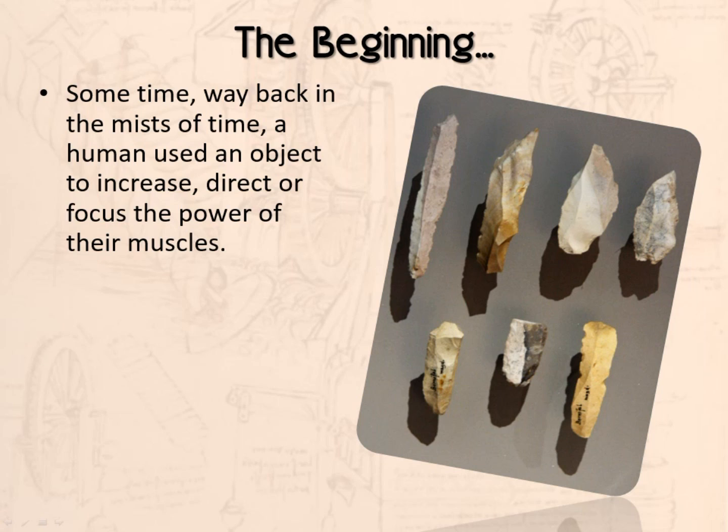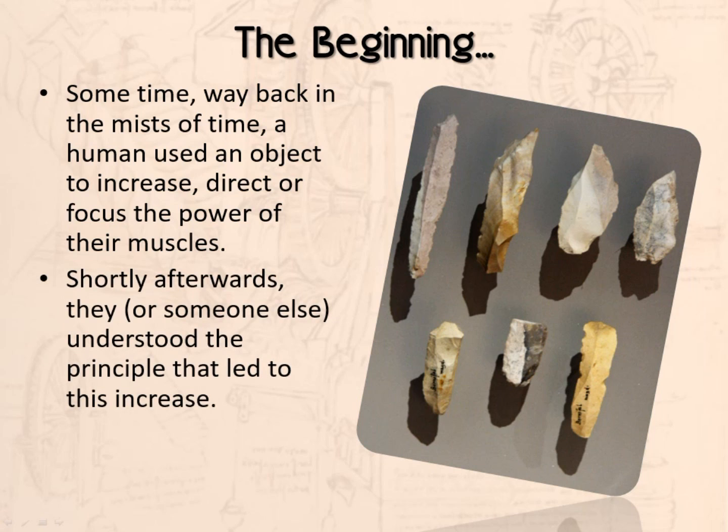These are just bits of rock in a certain shape, but you can see how they might have been held very carefully between two fingers to carve bits of wood maybe, or something like that. Sometime shortly after that, they or somebody else began to understand the principle that had led to the change in the force, and this began the field of engineering.